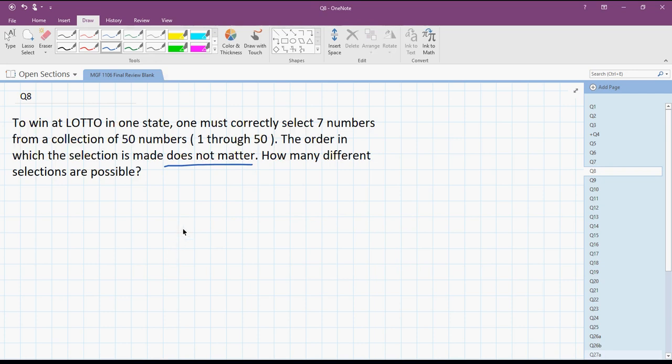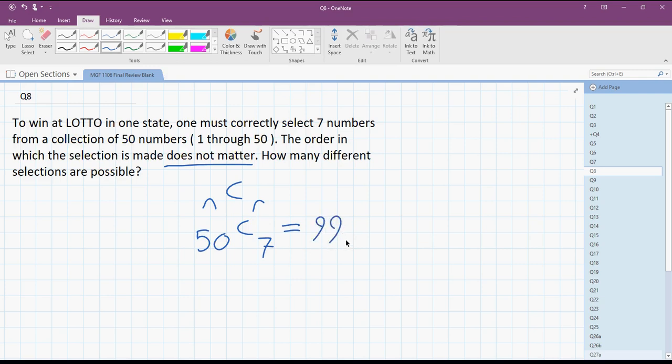So we're going to run nCr. It is a really big number. So what is our n? What is our total? 50. We have 50 numbers to pick from. And 7 is our r because we're picking 7 numbers. Absolutely. So you go into your calculator, you put your 50, you hit math, you scroll over to probability.